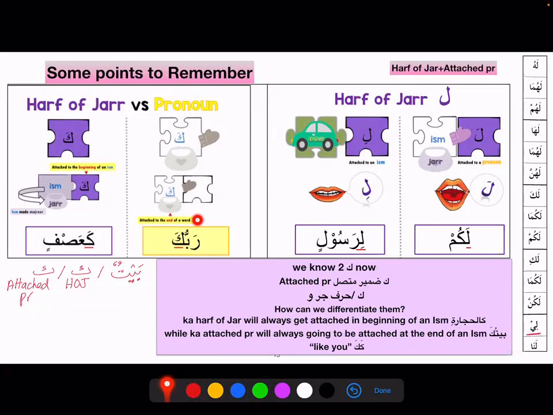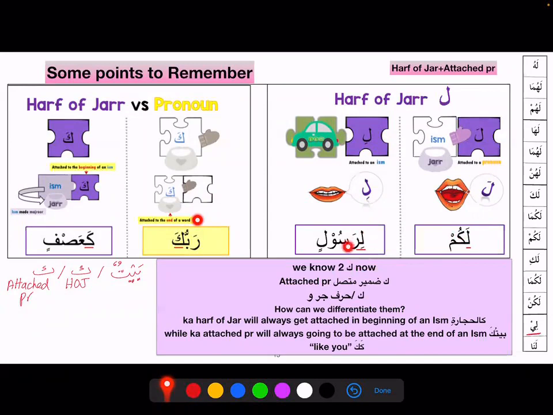Yes. Okay, so basically we are talking about lam of harfu jar over here. As I discussed already, when it is going to attach to the attached pronoun, it is going to take fatha, otherwise it is going to take kasra. So remember the examples lillahi or lirrasuli.